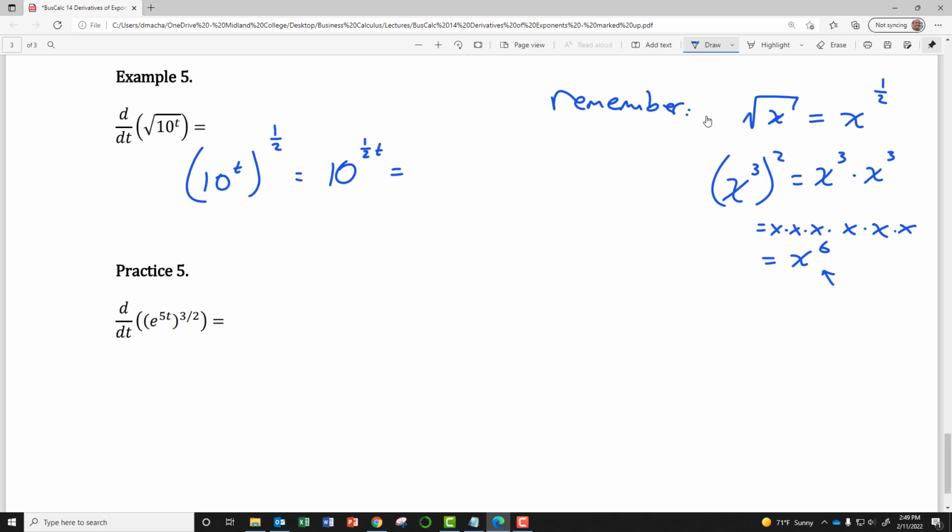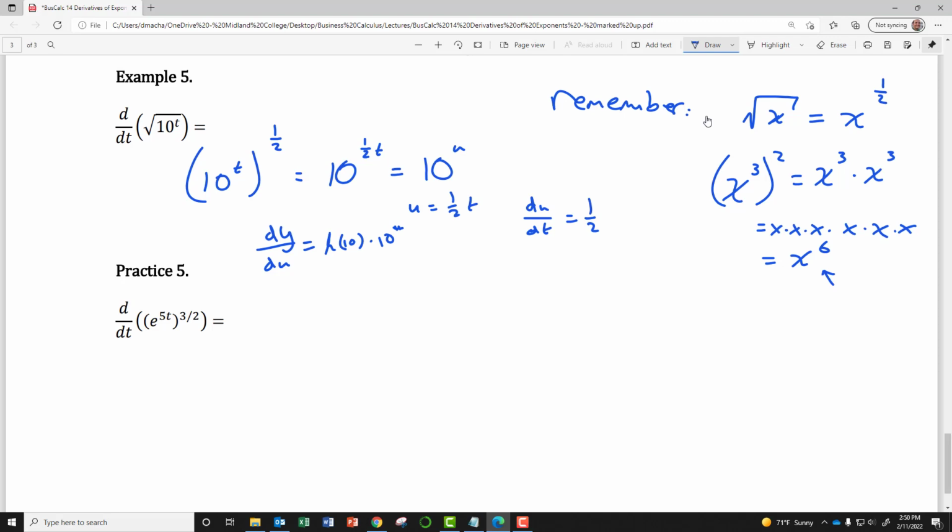And now, this is going to still be a derivative chain rule deal, where we say, let me define u as just being 1/2 t, and that means du dt is equal to 1/2. And that means my dy du is going to be natural log 10 times 10 to the u.